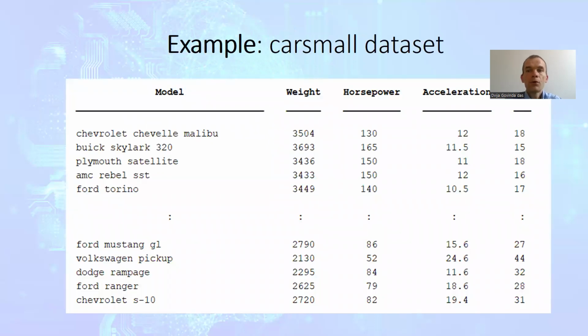For example, let's recall the cars dataset, which we showed several meetings before. Here we can see that the weight of the car has one range, about several thousands of kilograms. The horsepower has values about 100. The parameter characterizing acceleration has values from 10 to 20.